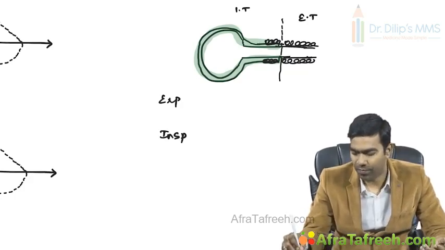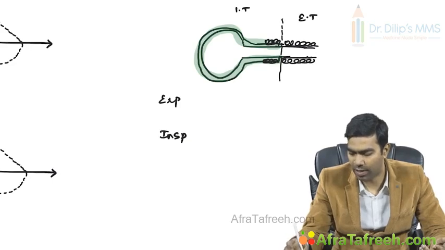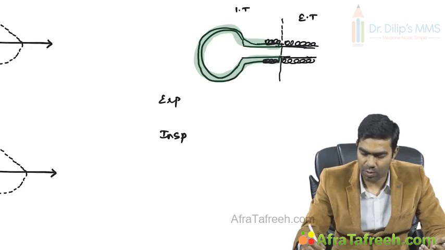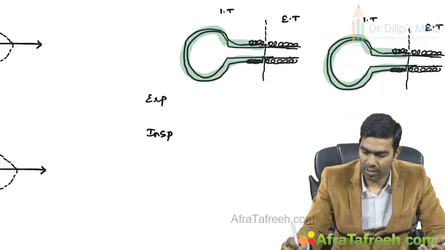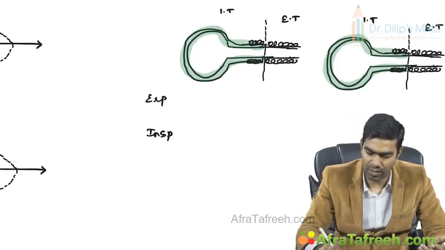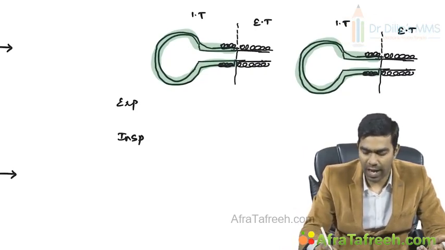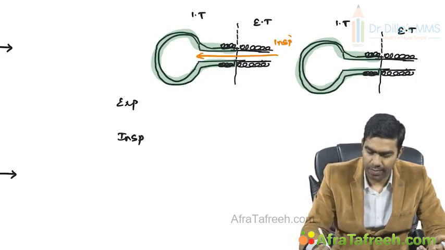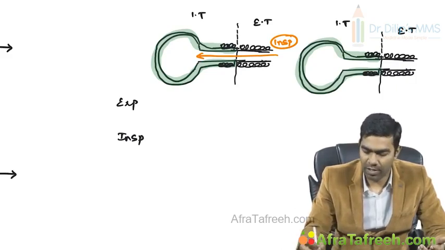So remember, during inspiration, let us put another diagram for understanding purposes. Let us duplicate it because I'm going to draw two or three diagrams. Let us assume this is an intrathoracic and extrathoracic airway. Let us see first what happens. Air moves in during inspiration. Remember, where will the pressure change be maximum?